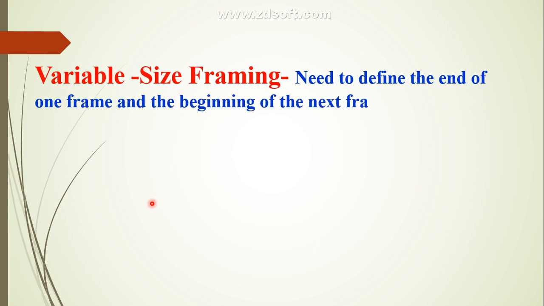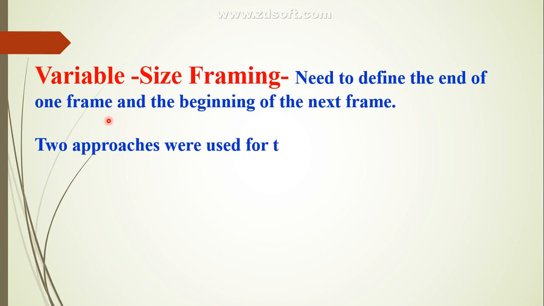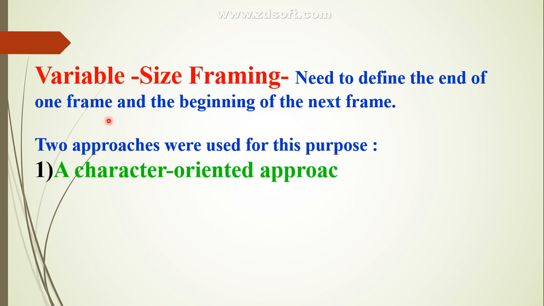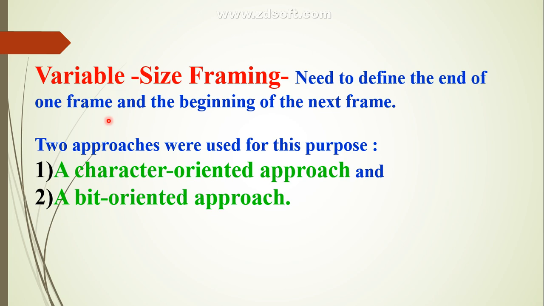As the name suggests, there is a need to define the end of one frame and the beginning of the next frame. So guys, basically two approaches are used for this purpose. First is the character oriented approach, and second is the bit oriented approach.